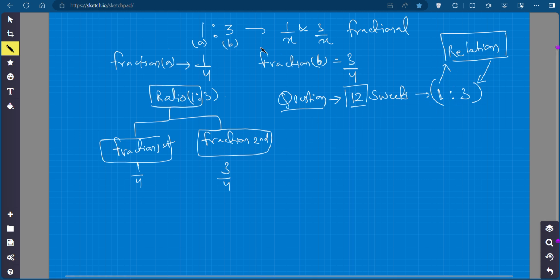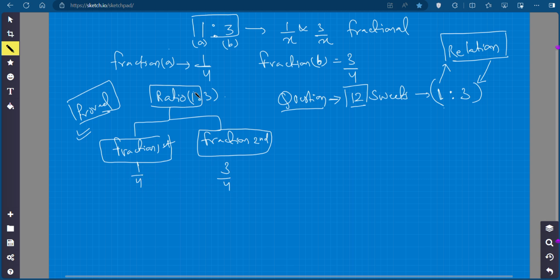This is my ratio, 1 ratio 3, right? And now this is what we have proved: whatever the ratio is, you can write it like this. And what is in the denominator?